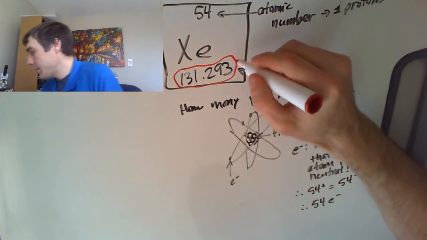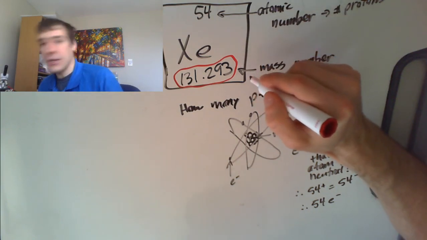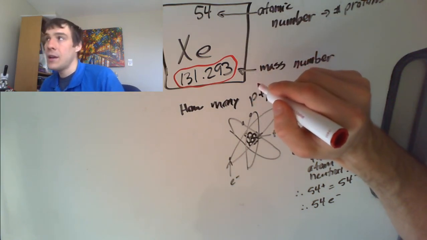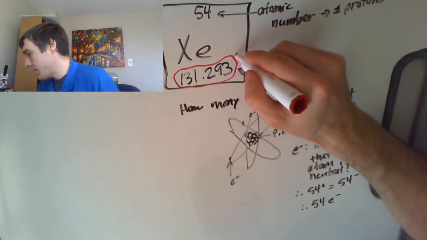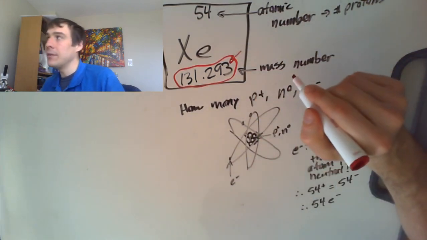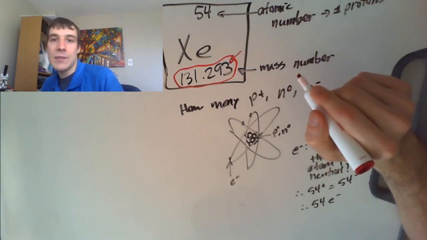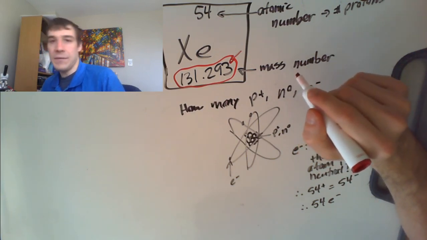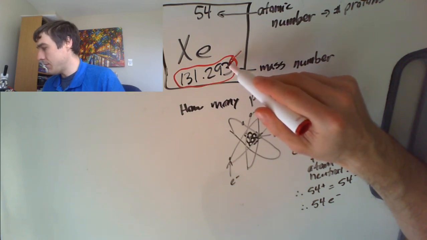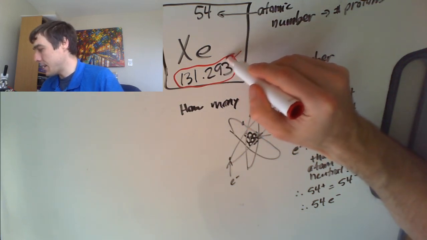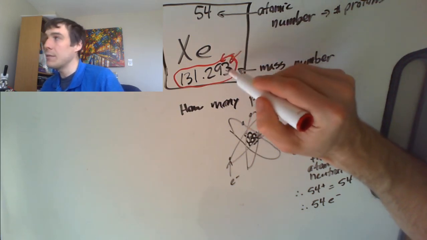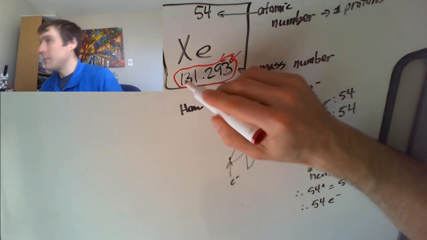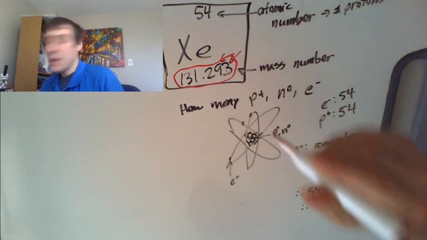All 54 electrons together would change that number a little, because each one is 1/2000th of an atomic mass unit. They would change kind of these two numbers, but they don't affect the big number very much.